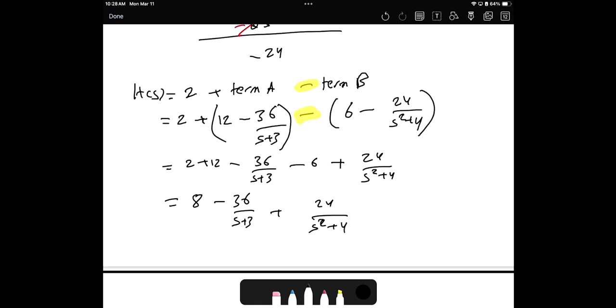Okay? Now I'm ready to do what? Laplace inverse.